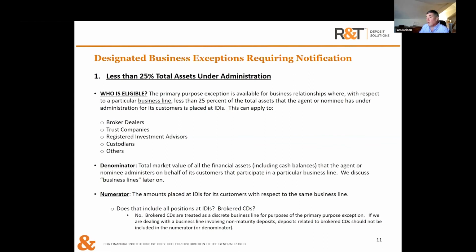So almost any broker-dealer, almost any custodian, almost any trust department, trust company, etc., is going to qualify for this. It's very unusual for any of those entities to have more than 25% of their assets under administration in cash.